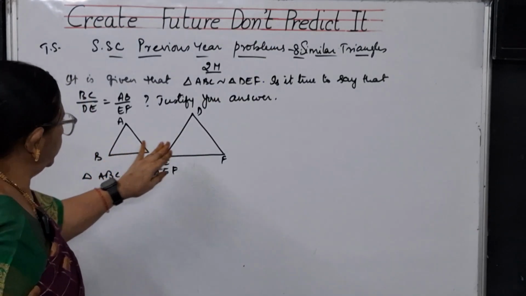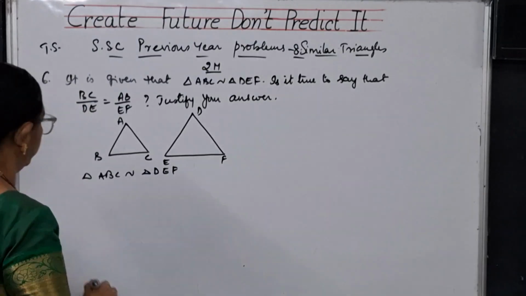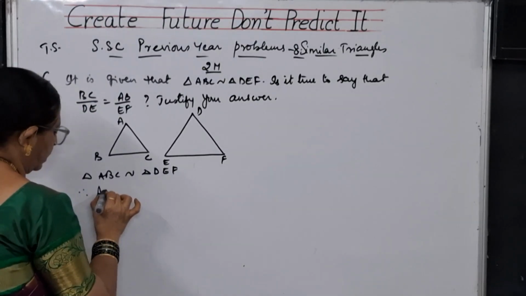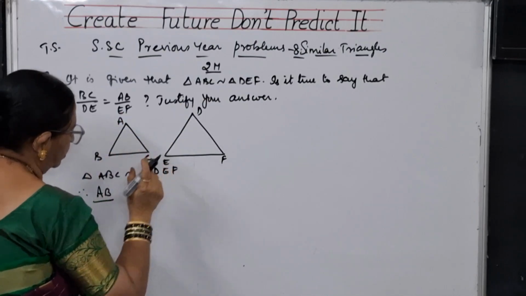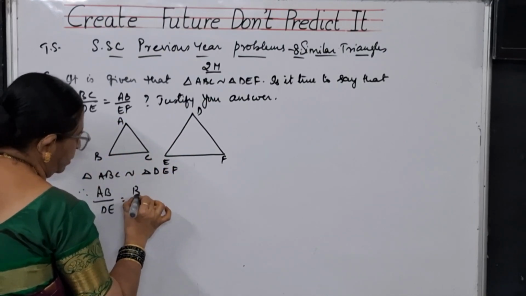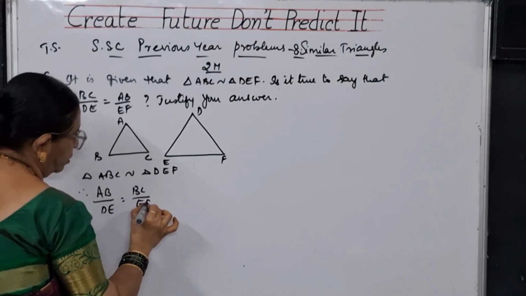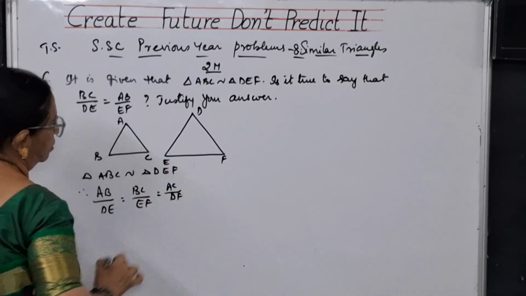We know that when two triangles are similar, their corresponding sides are proportional. Therefore, AB by DE is equal to BC by EF is equal to AC by DF.